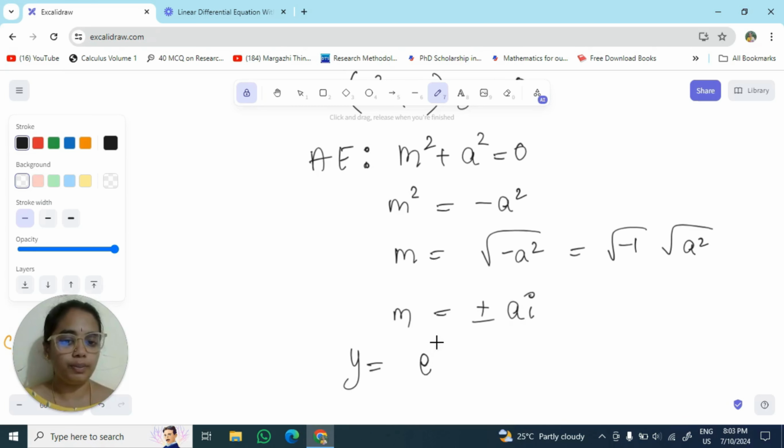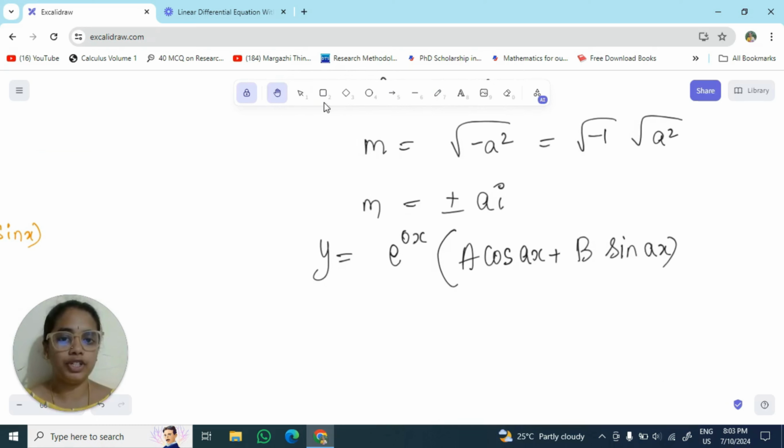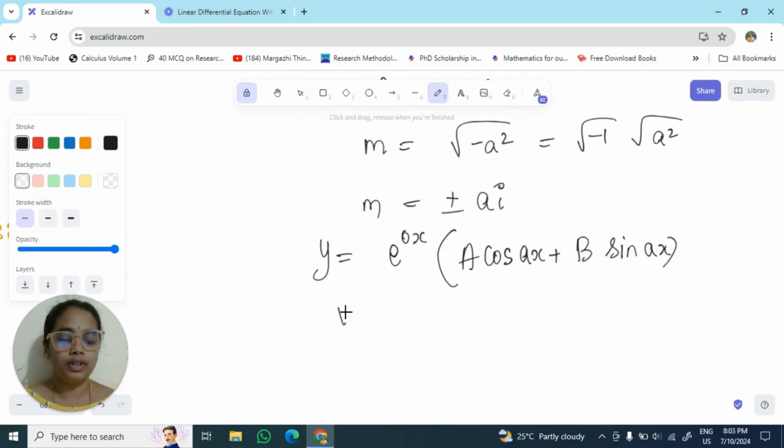It would be e to the power 0 into x into (a cos ax plus b sin ax). This is our final solution for the given differential equation. You can also just leave out that e to the power 0x and write it as a cos ax plus b sin ax.